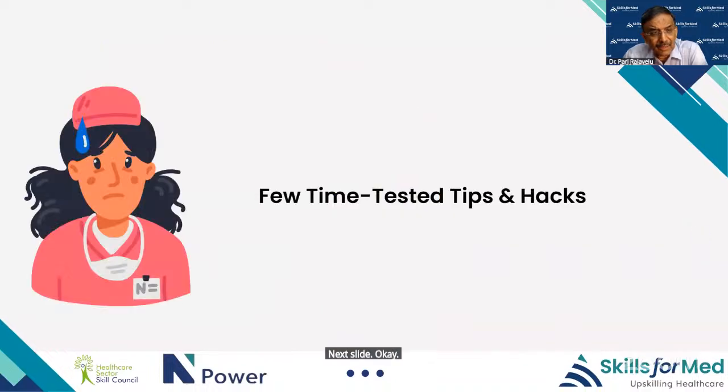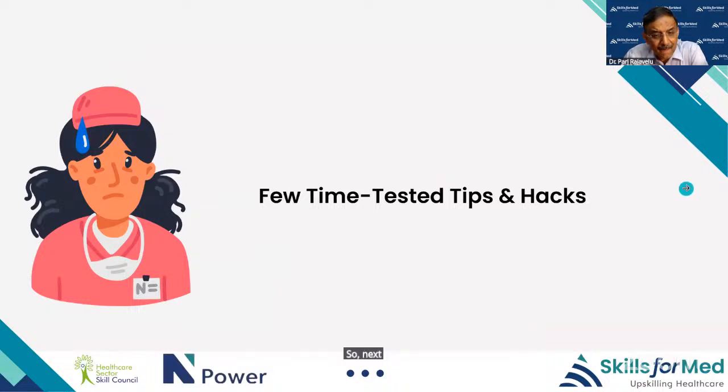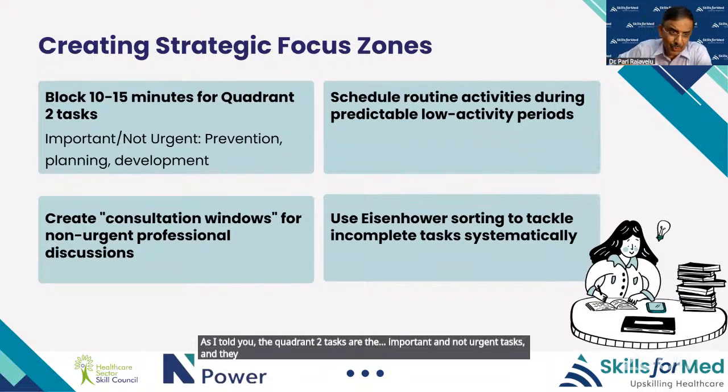Okay, I'm just going to add a few time-tested tips and hacks, which we actually tell other staff in our hospital. So, next slide. One is, in a busy shift, as I told you, the quadrant 2 tasks are the important and not urgent tasks, and they usually get pushed in a busy shift.